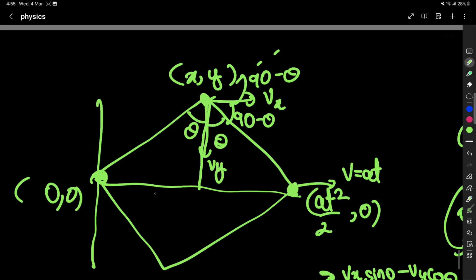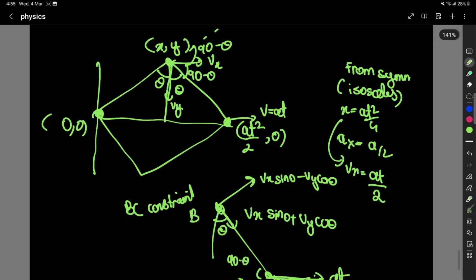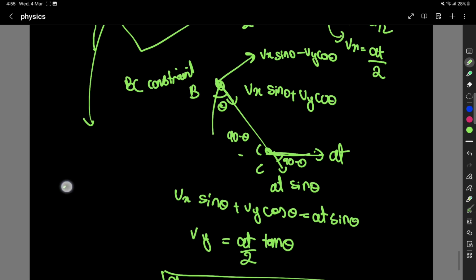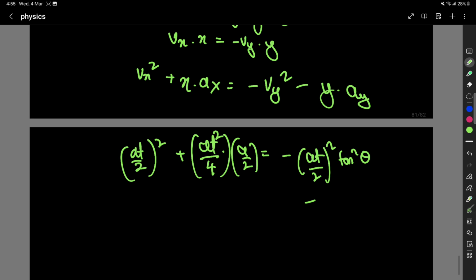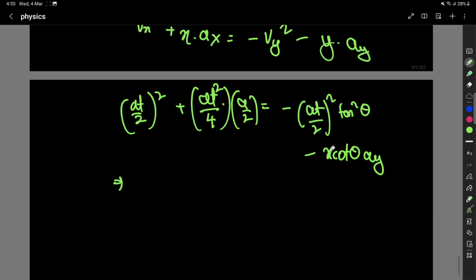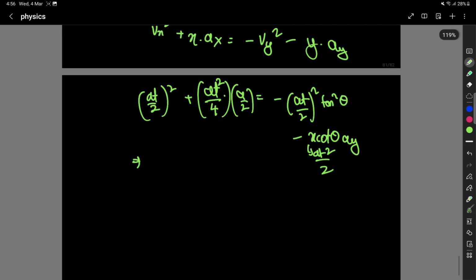But from this triangle I can tell that y is equal to x cot theta. So I'll substitute this: minus x cot theta Ay, and x is 80 square by 4.